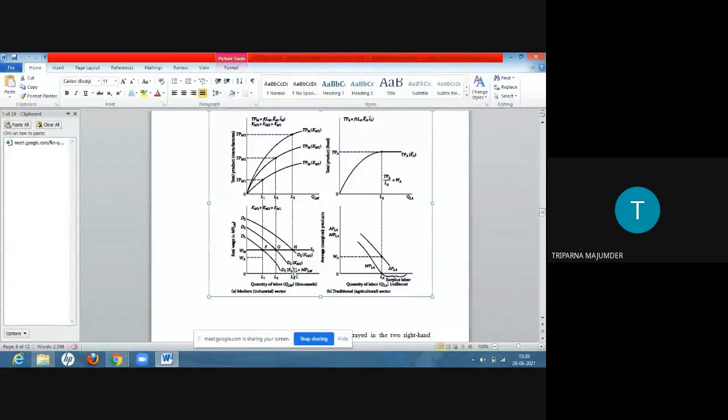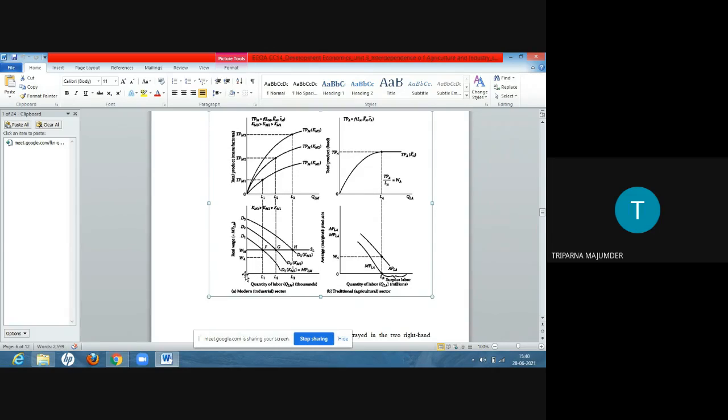Profit maximizing modern sector employers are assumed to hire laborers to the point where marginal physical product is the real wage, that is point F here. This implies total modern sector employment is OL1.